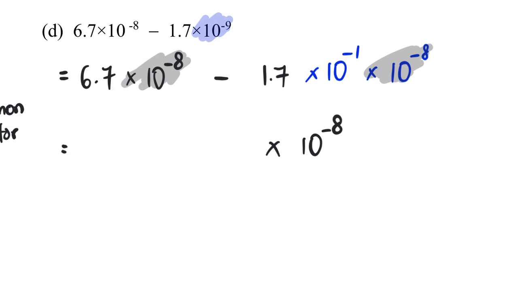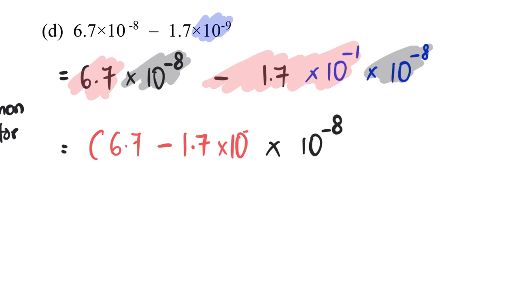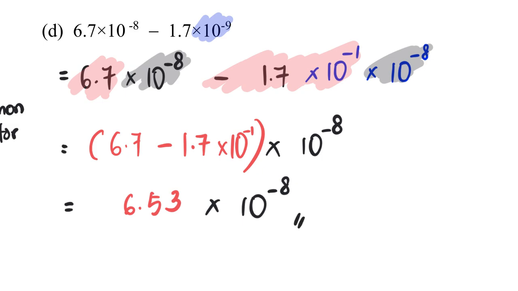And I'm left with 6.7 minus 1.7 times 10 to the power of negative 1, close bracket. And this will actually give me a value of 6.53. And this is the standard form.